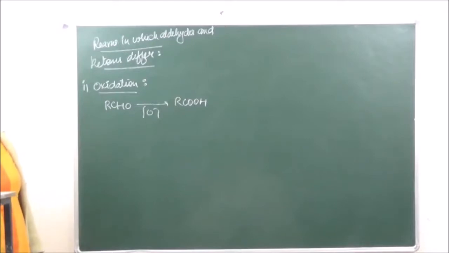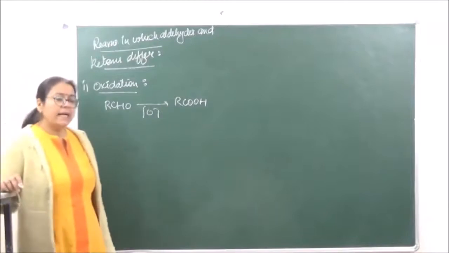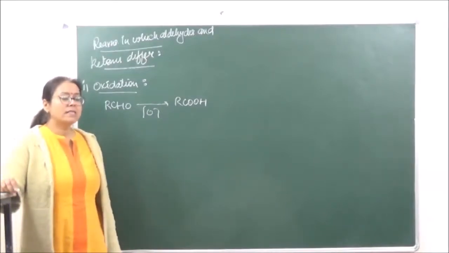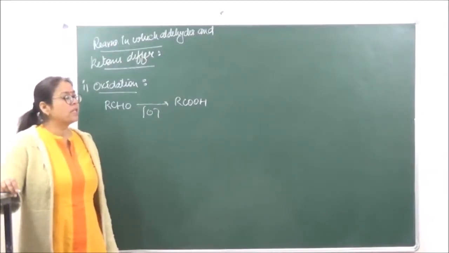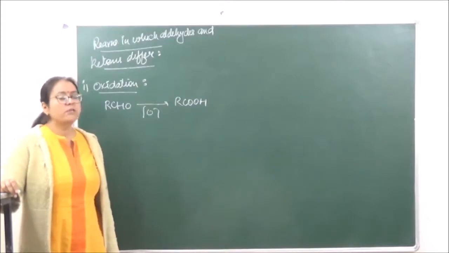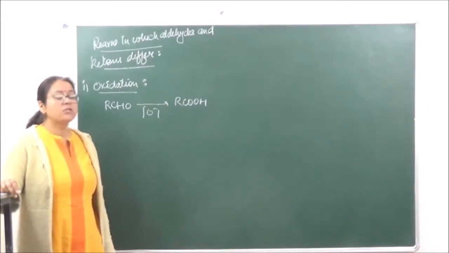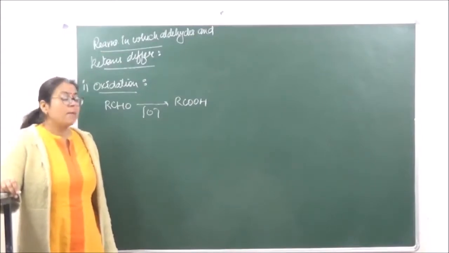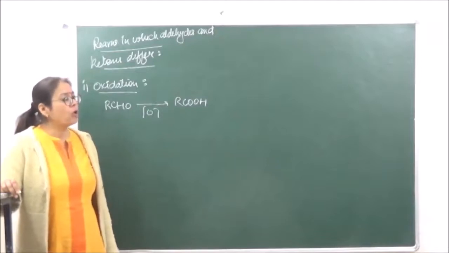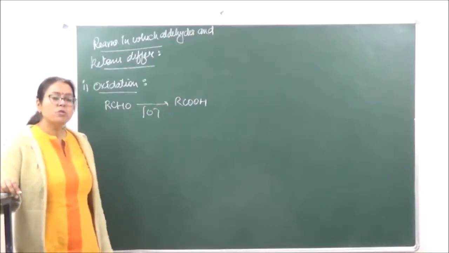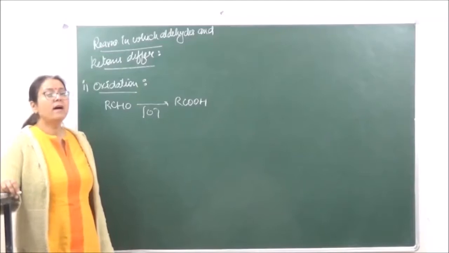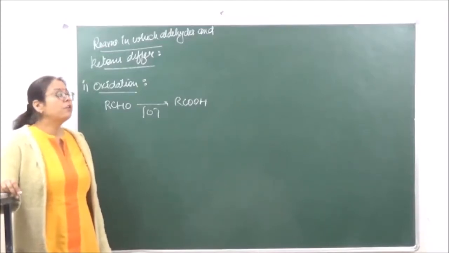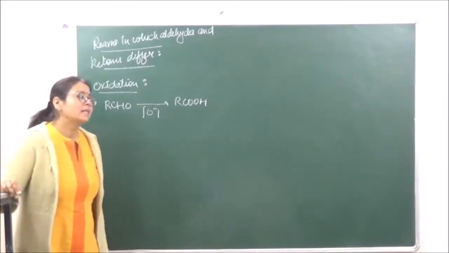Now it is seen that because of the strong reducing nature of aldehydes, even very mild oxidizing agents, for example Tollens reagent, Fehling solution, or Benedict reagent, are easily reduced. But ketones are not strong reducing agents, therefore they are unable to reduce these mild reagents.